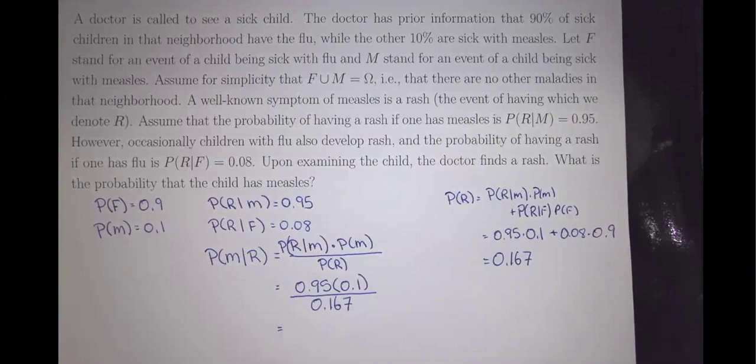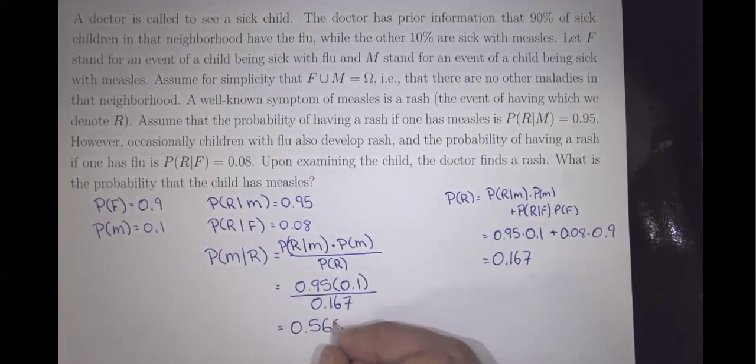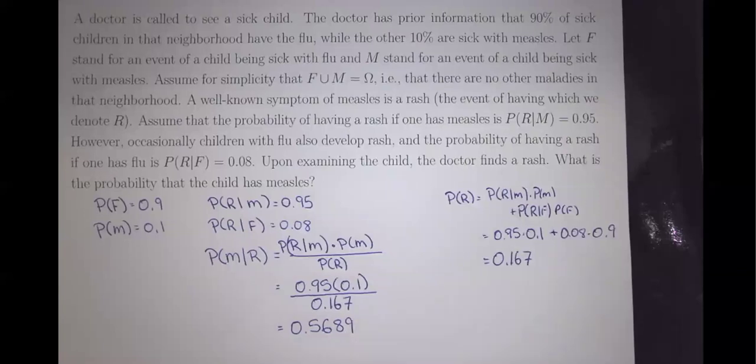So we take 0.95, we multiply by 0.1, we divide by 0.167, and we get 0.5689. So about a 57% chance that this particular child has the measles, given that they've developed a rash as well.